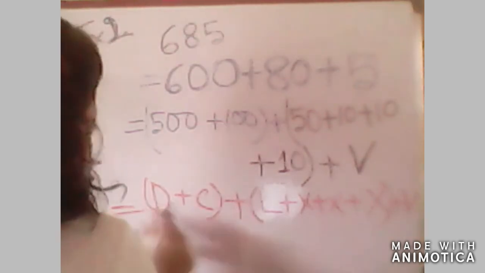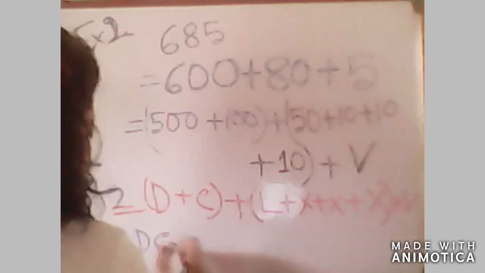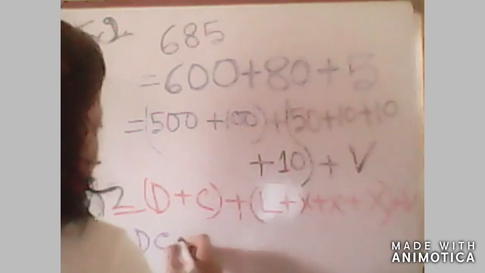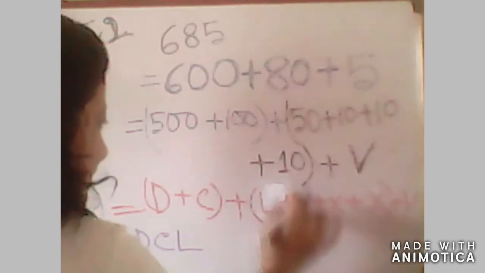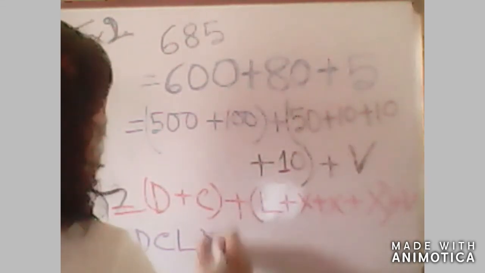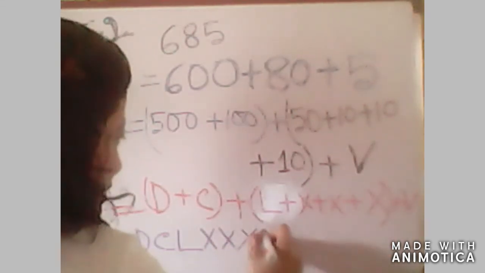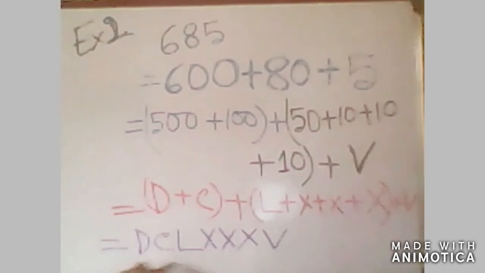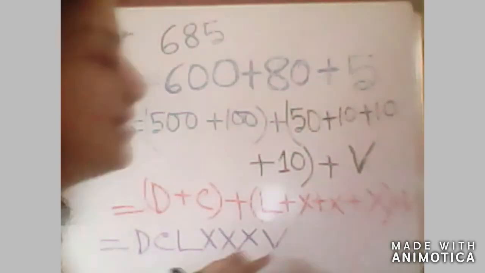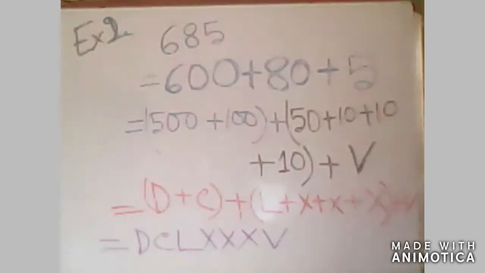So it will be D, C, L, X, X, X, V. So D C L X X X V. It's a long number. Okay, so it is 685.